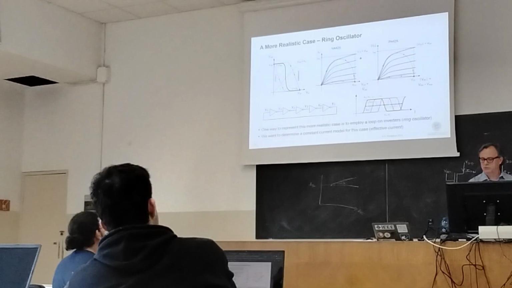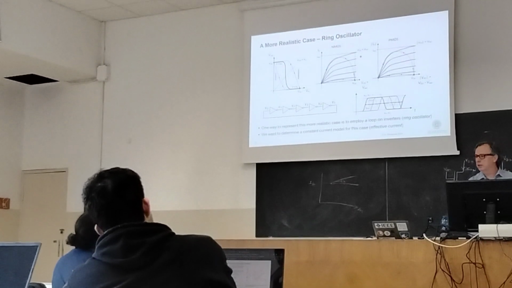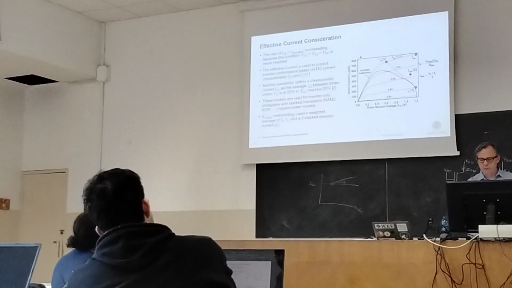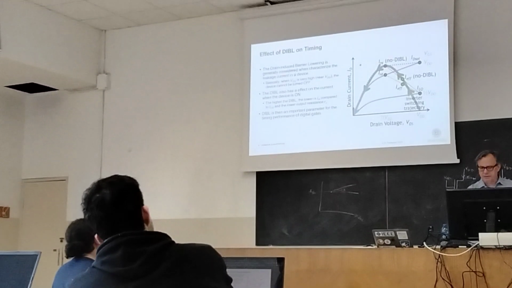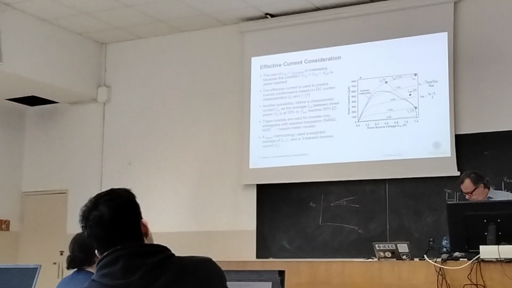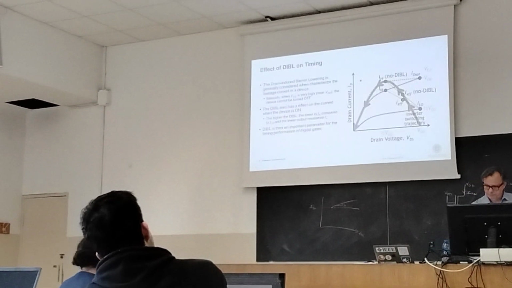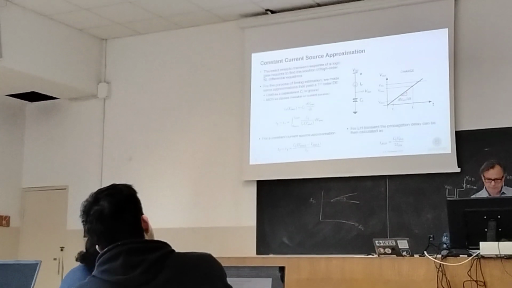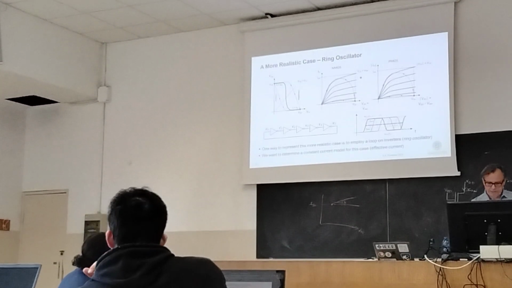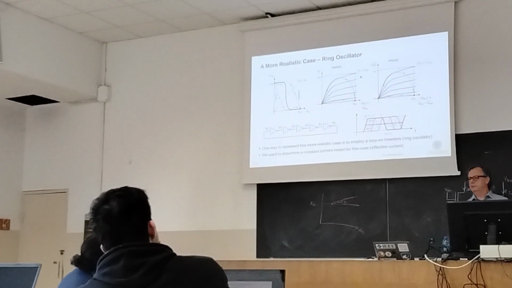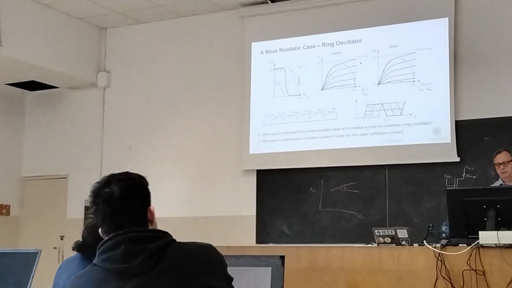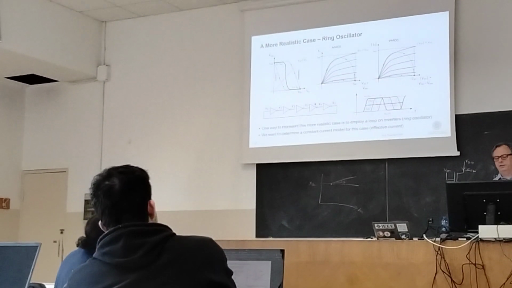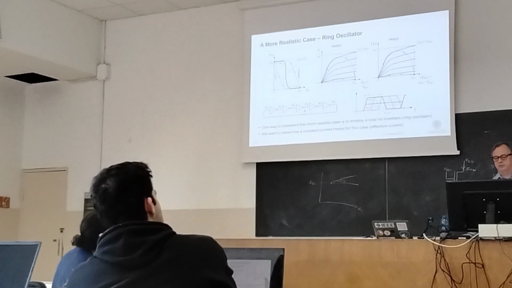So let's now see if we can get a good model for the current, for the realistic case. There are a few things here. So you remember this plot that we showed before, right? We saw that, because the input starts varying, the output starts varying, it's not a step function.